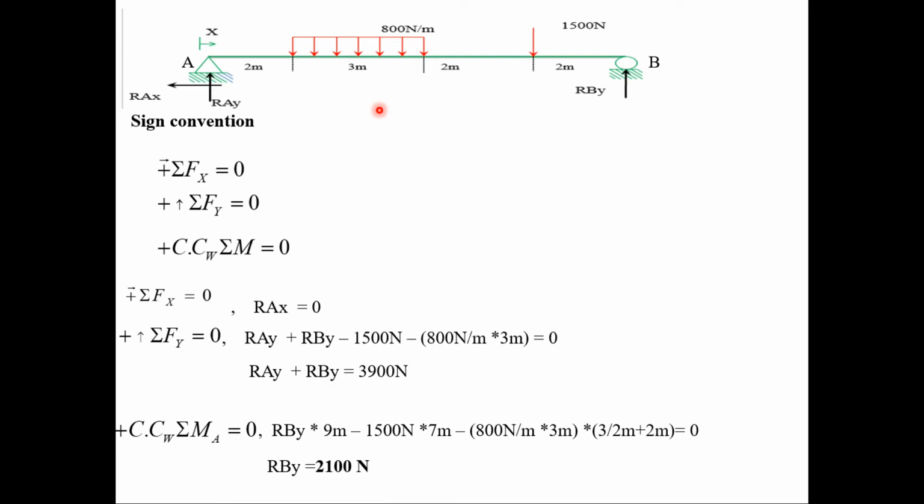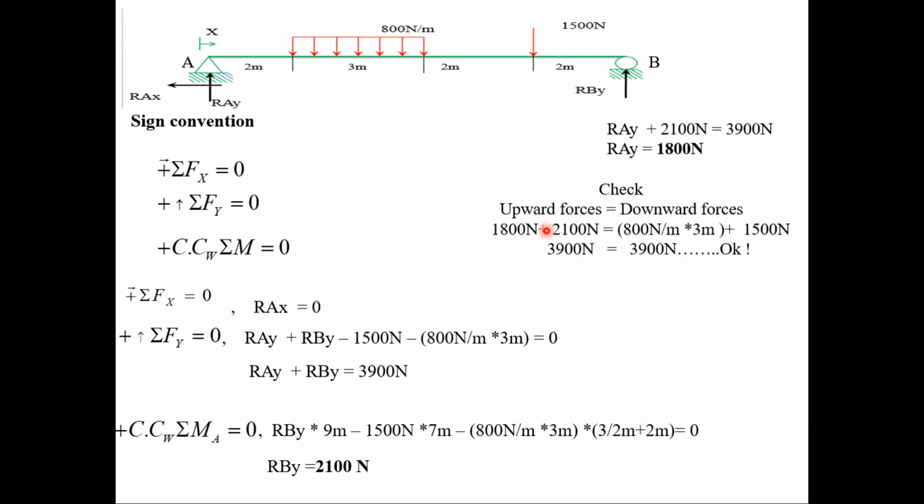Before proceeding on to plotting shear force diagram, we have to balance the upward and downward force and check it. So check upward forces is equal to downward force, and upward forces are 1800 Newton plus 2100 Newton, which is equal to downward force 800 Newton per meter times 3 meter plus 1500 Newton.